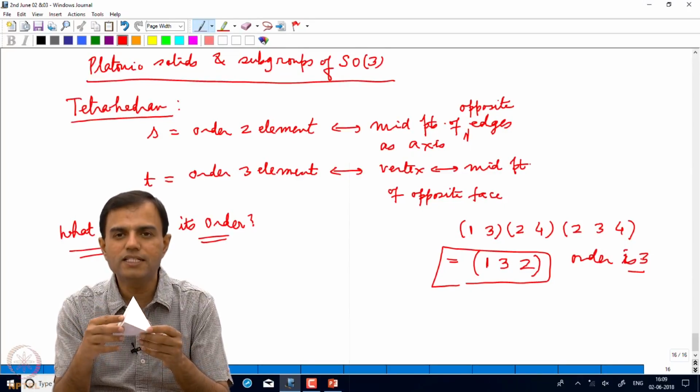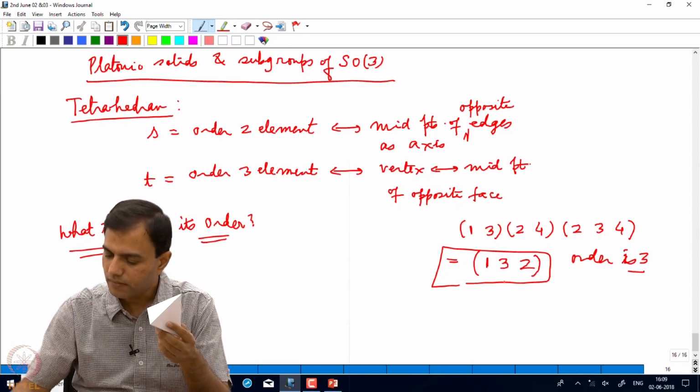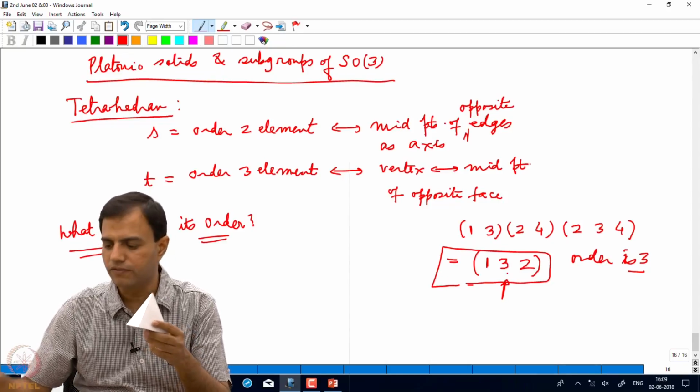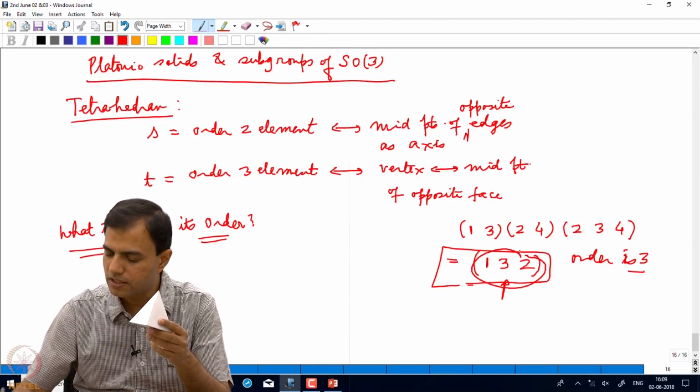So you should be realizing that therefore ST is actually a rotation, and this time the vertex is the 4th vertex. So this is a different vertex about which you are having this rotation.